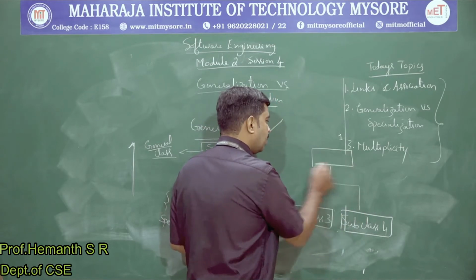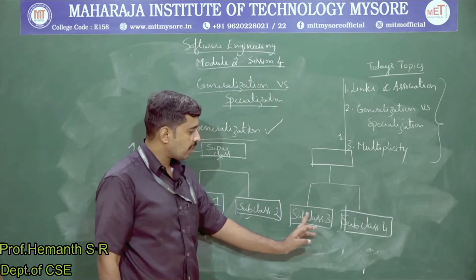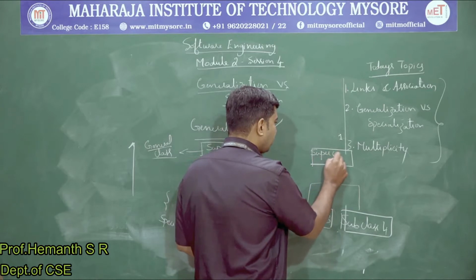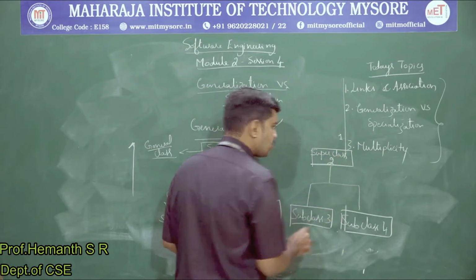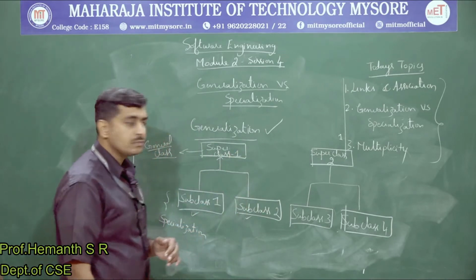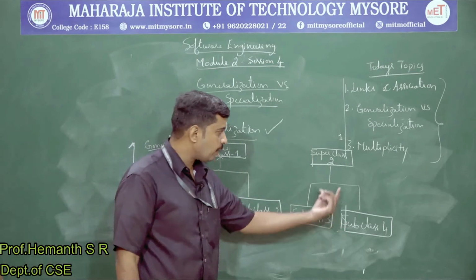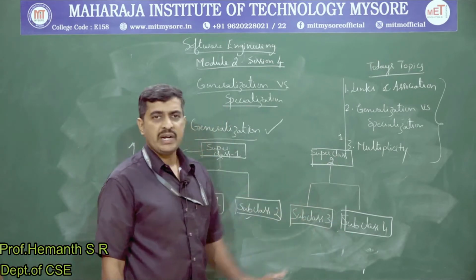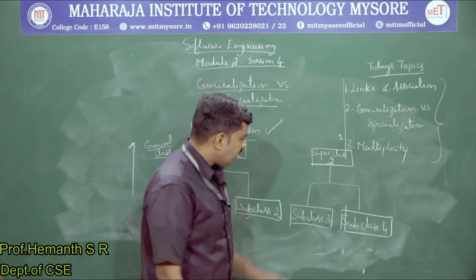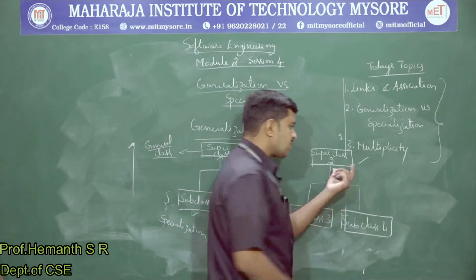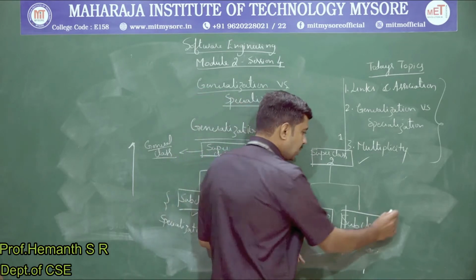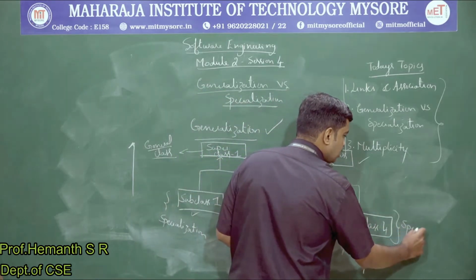We can combine the attributes and functions in subclass 3 and subclass 4, and come out with a superclass. I'll call it superclass 2 just to distinguish it from this one, which is superclass 1. So subclass 3 and subclass 4 have been combined and a superclass has been derived. What exactly have we done here? If you carefully observe, we have created a superclass, which is a general class, from specialized classes. So as already mentioned, subclasses are specializations, special classes.